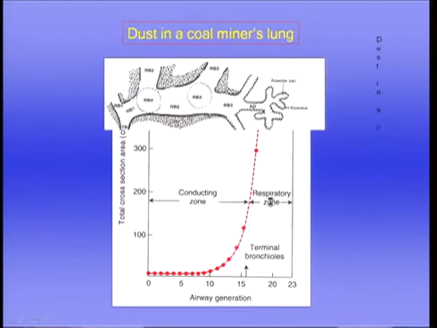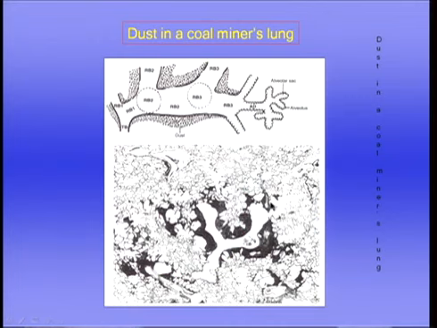A nice example of this is shown in this image here. Here we have the deposit of dust in a coal miner's lung. So a lung looked at autopsy, and you may not be able to recognize what's happening here. What we've got is a terminal bronchiole coming in. We've got the respiratory bronchioles here, and the edge of the acinus is around here.